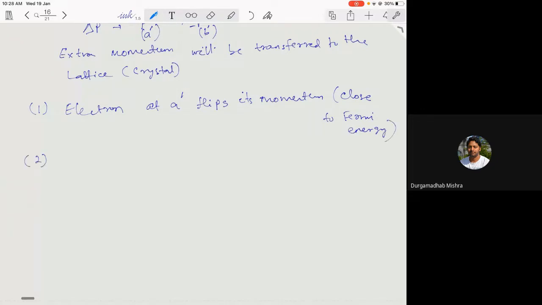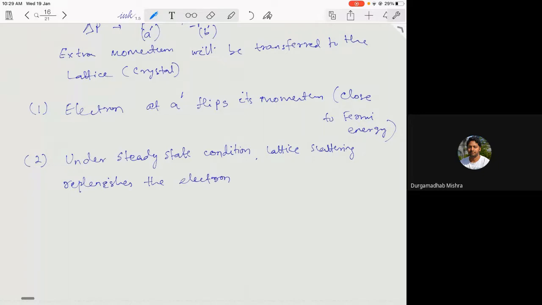Then, under steady state conditions, that means we have a continuous flow of current, the lattice scattering replenishes the electrons from A prime to states above B prime.